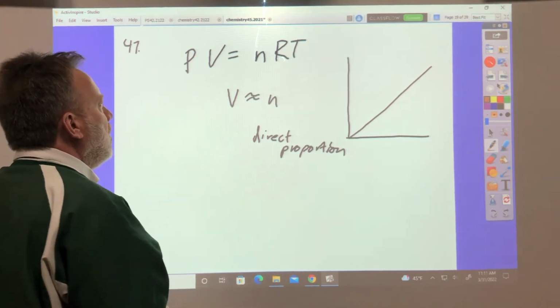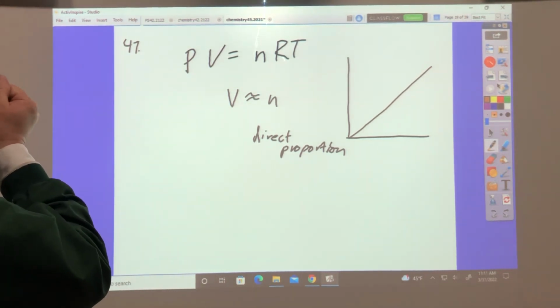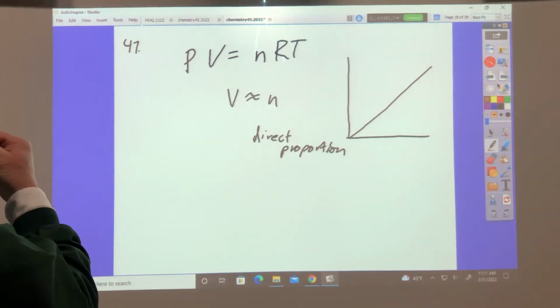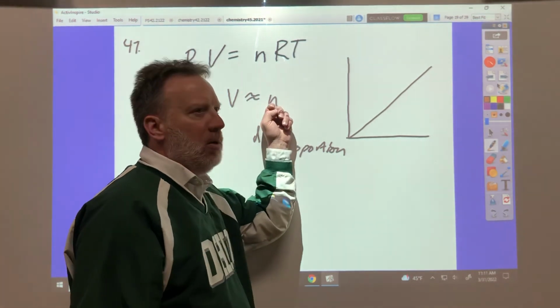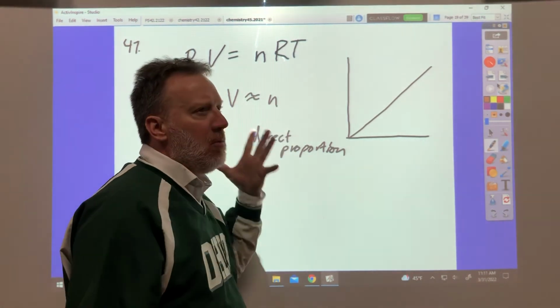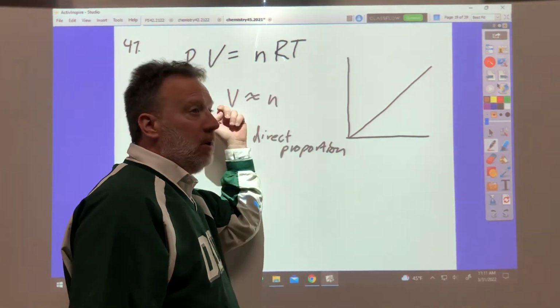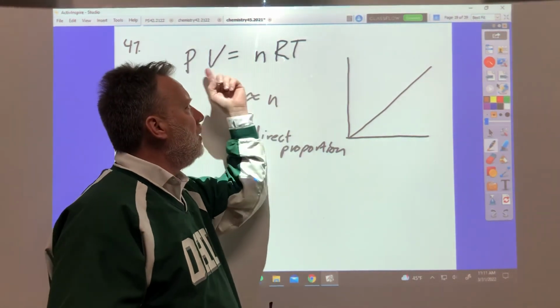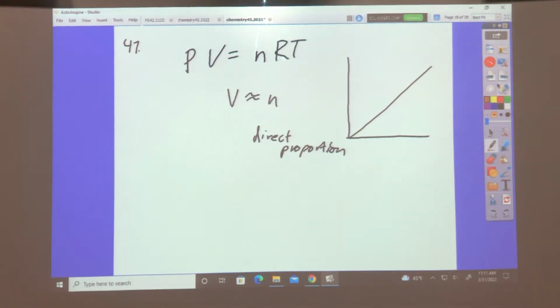It's a direct proportion. Basically, if you put twice as many molecules in a balloon, it's going to take twice the volume. 10 times the number of molecules in a balloon will take 10 times the volume, as long as you don't change the pressure or temperature. So that's going to be a direct proportion.